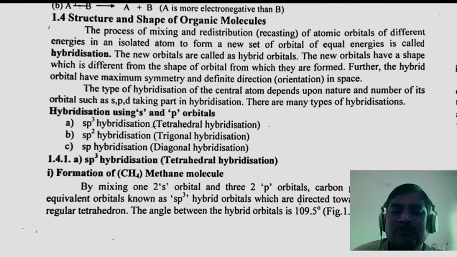The overall process is known as hybridization, while the new orbitals are called hybrid orbitals.